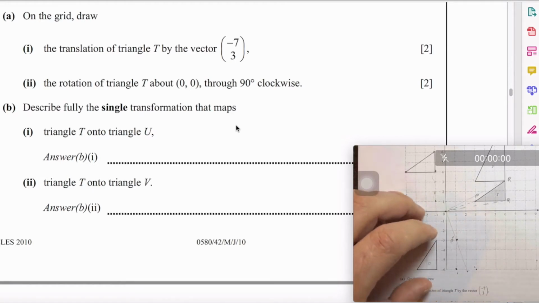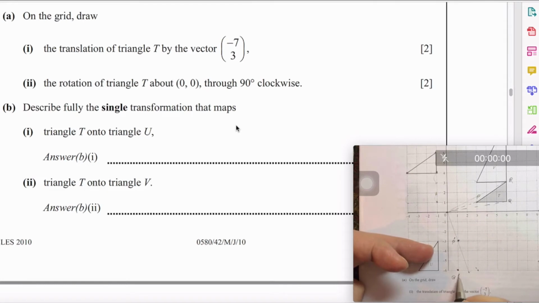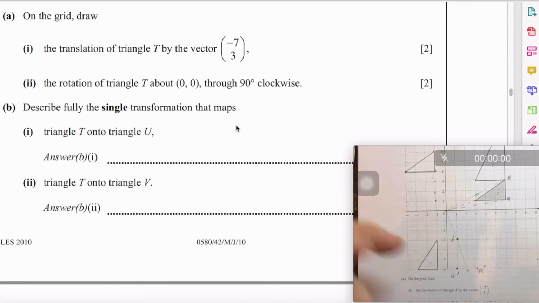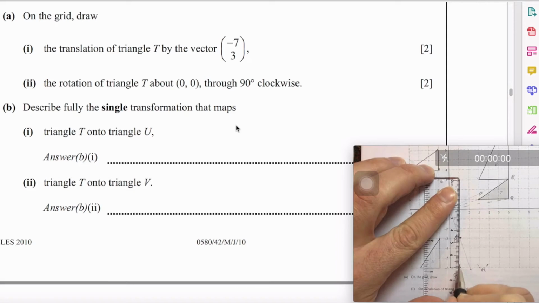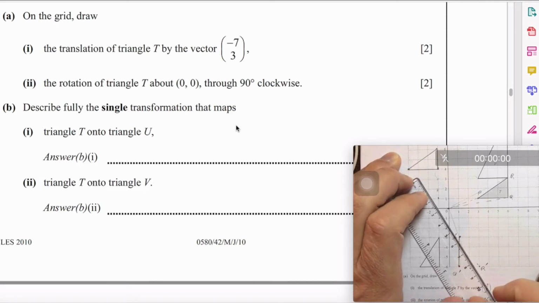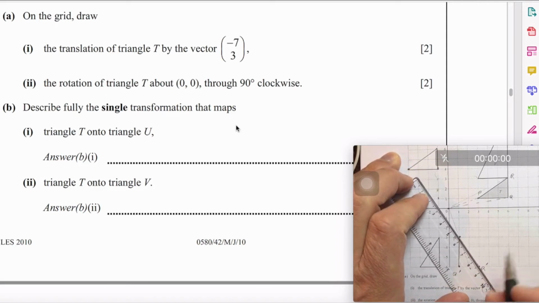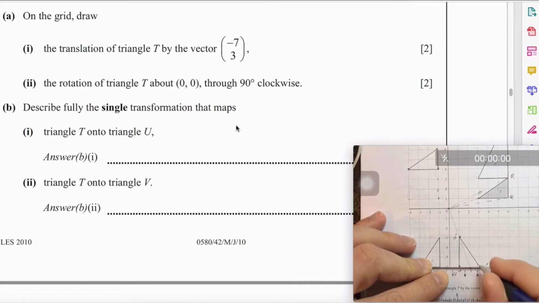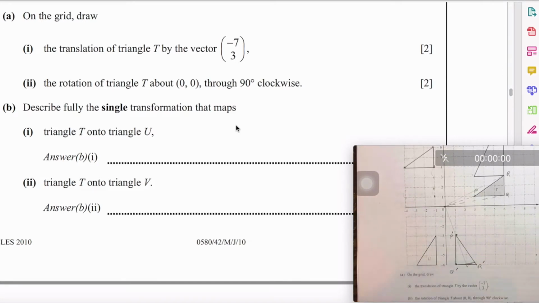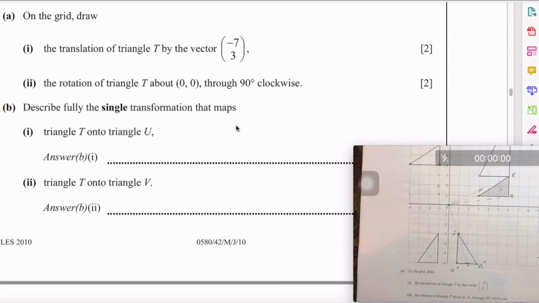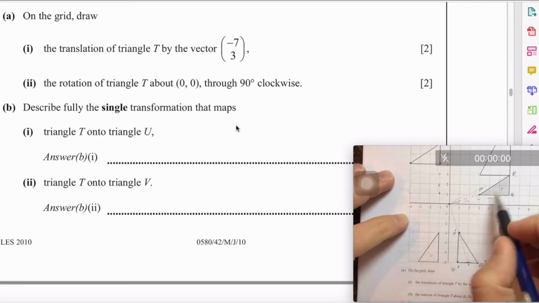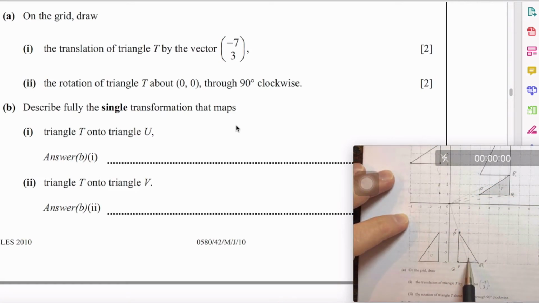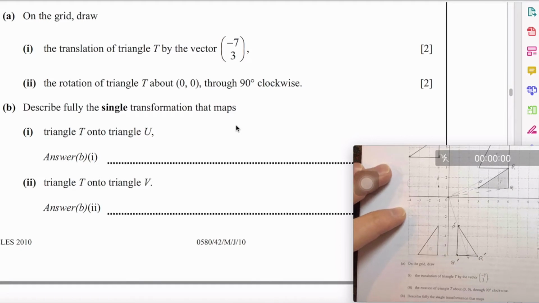So P prime, Q prime, and R prime. Then reconstruct the image. Now let me erase this. Okay. So after rotation of 90 degrees clockwise, it will be your image as in the second part.